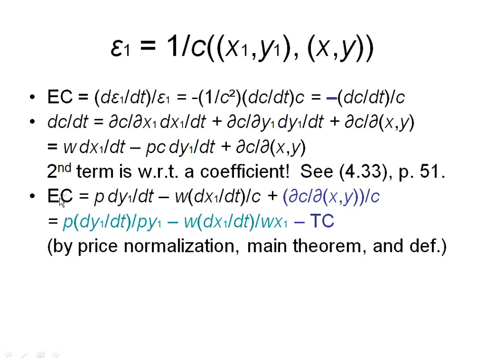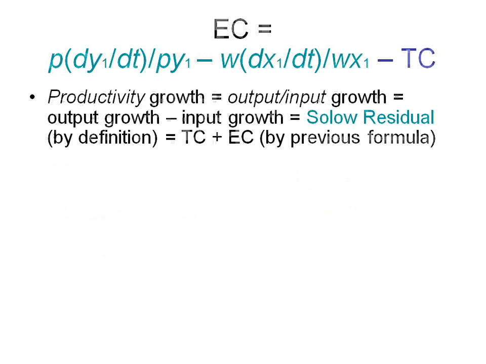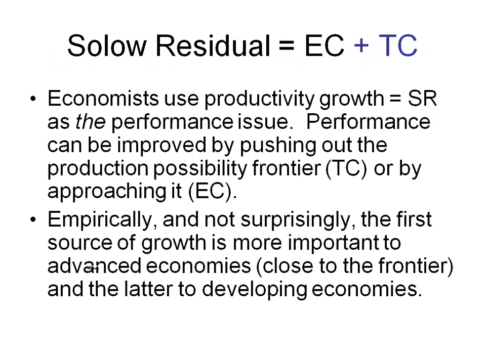And that again states in a precise manner what I said before, that firms may progress either by pushing out the production possibility frontier or by catching up. The Solow residual, the measure for productivity growth, equals efficiency change plus technical change.